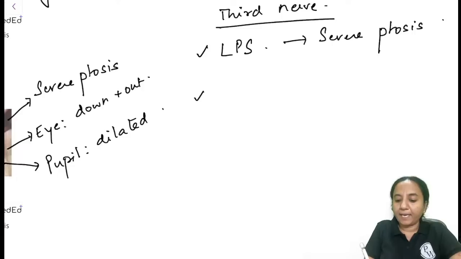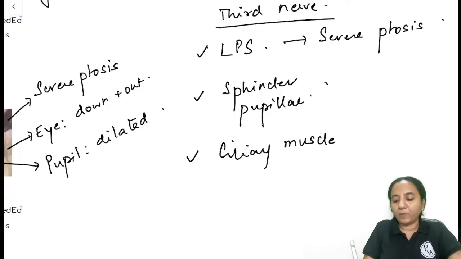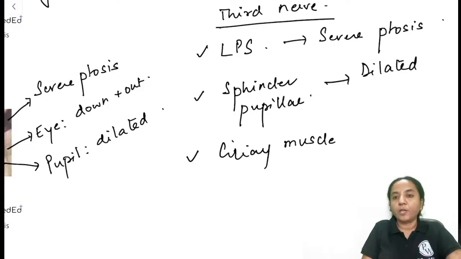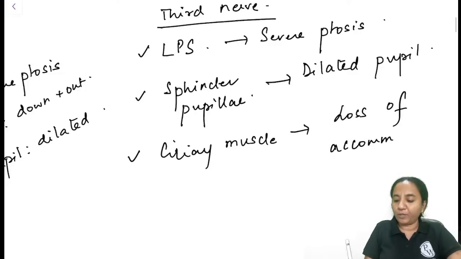Next, it supplies the sphincter pupillae muscle, and it supplies the ciliary muscle intraocularly. Because the sphincter pupillae is paralyzed, you are getting a dilated pupil. And because the ciliary muscle is paralyzed, you will get a loss of accommodation.